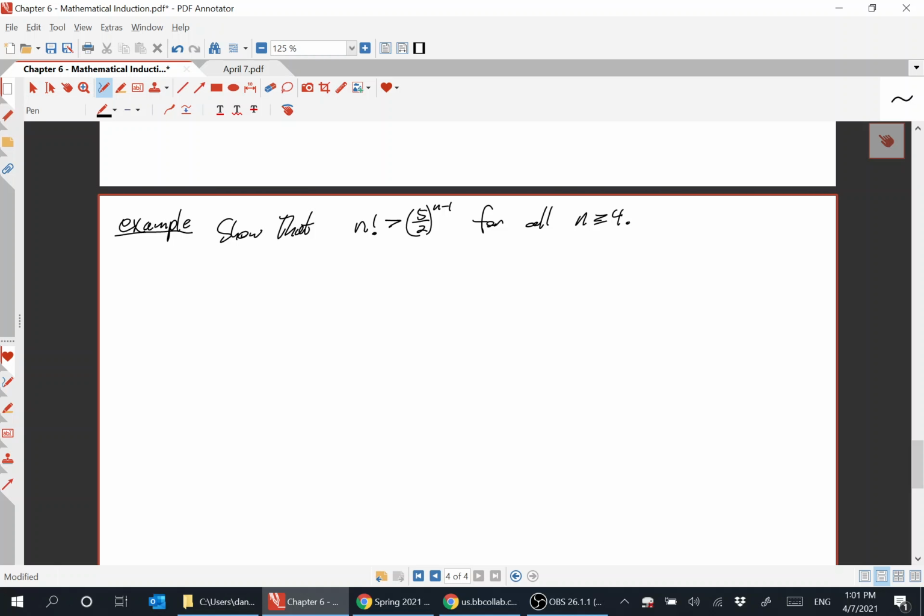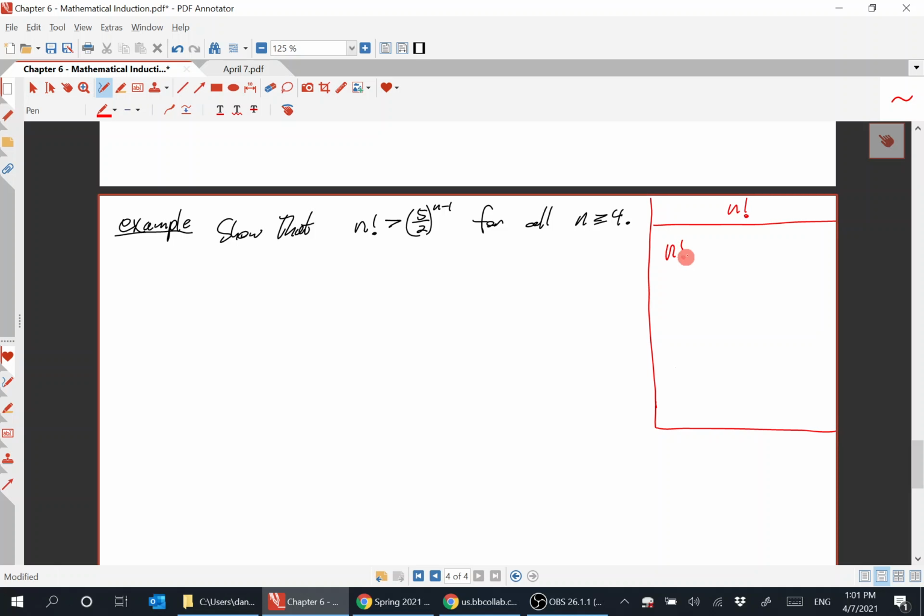Okay, so before we get into that proof, let's just look at a quick review about n factorial. I mean, y'all have seen it before, I'm sure. But here's an interesting property of n factorial.